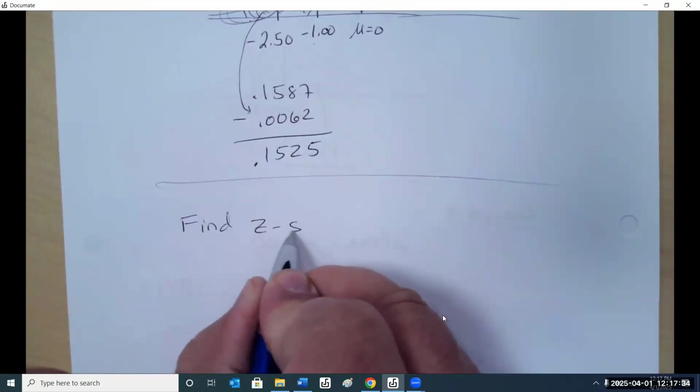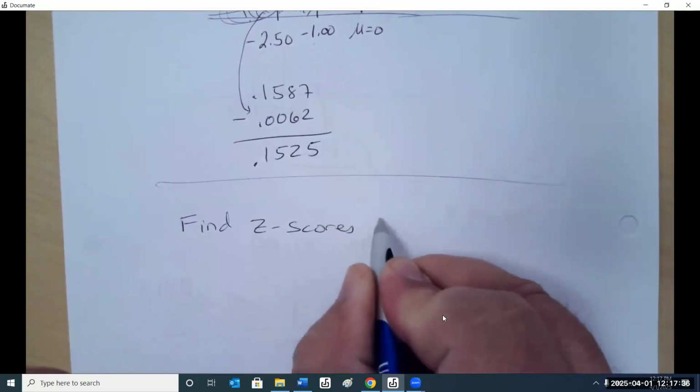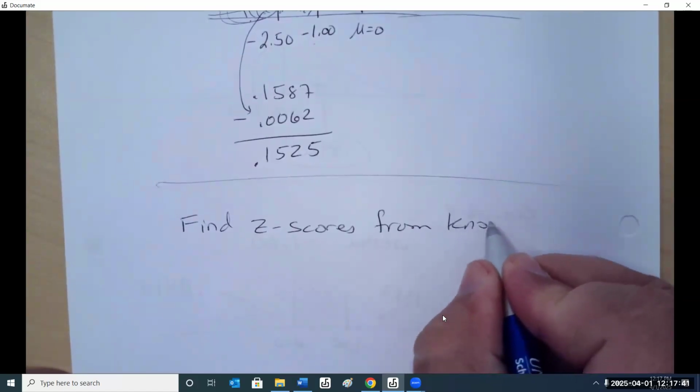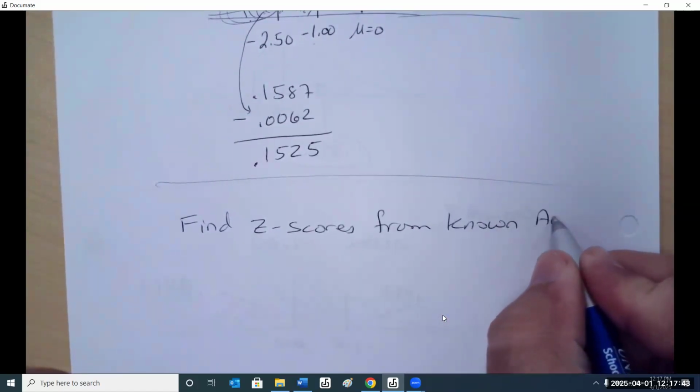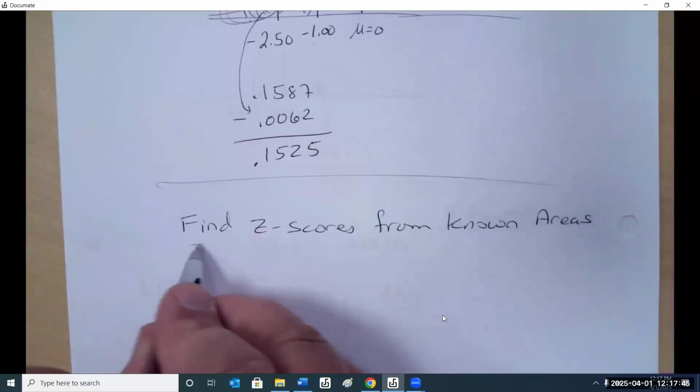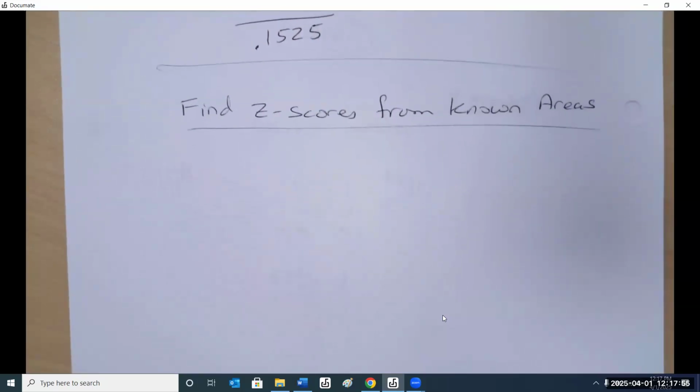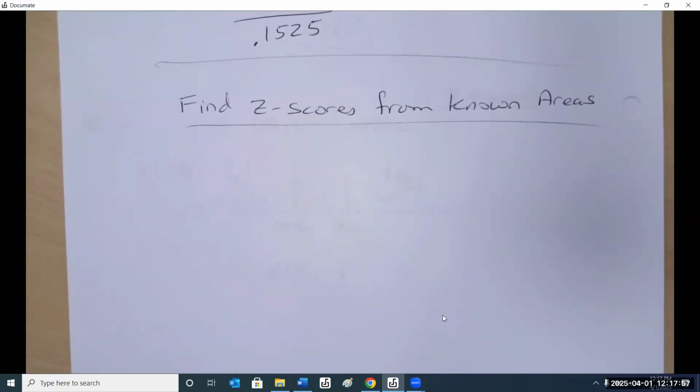Finding z-scores from known areas. Okay, so an example here. Now, what do you think this is talking about? Finding z-scores from known areas.